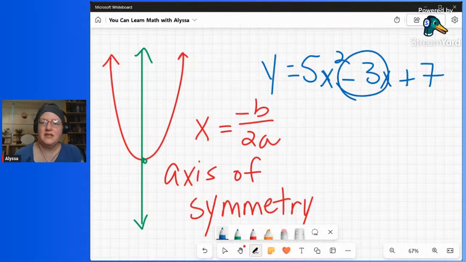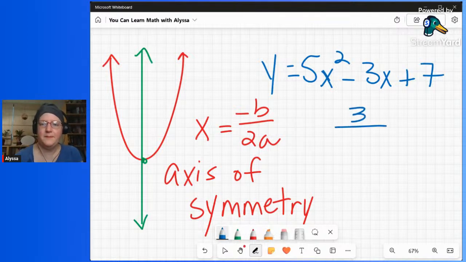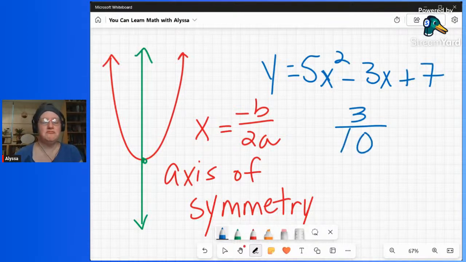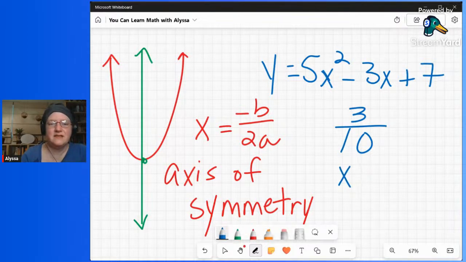So b here is negative 3. The opposite of that is positive 3. And then 2 times my a, 2 times 5, or 10. So this particular parabola, if we graph it, has a vertex where x is 3/10. The axis of symmetry goes through 3/10.